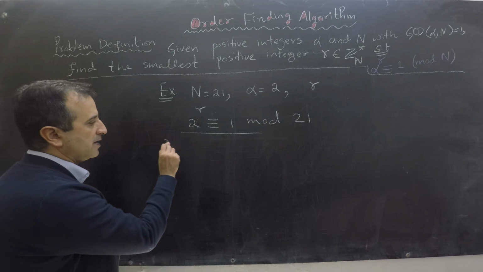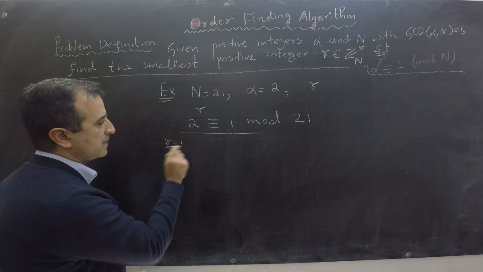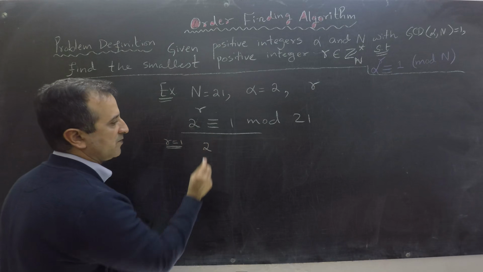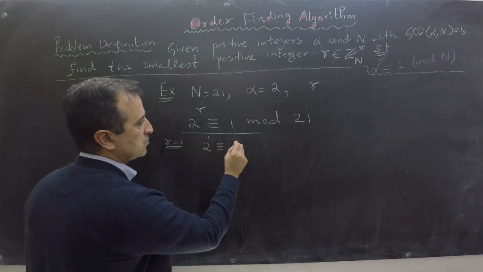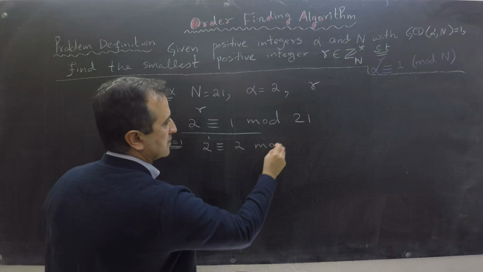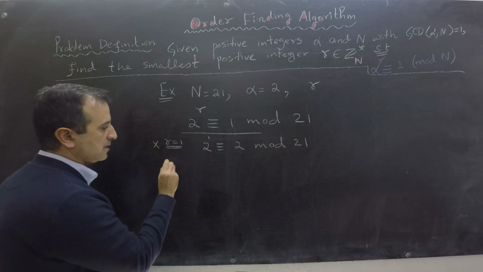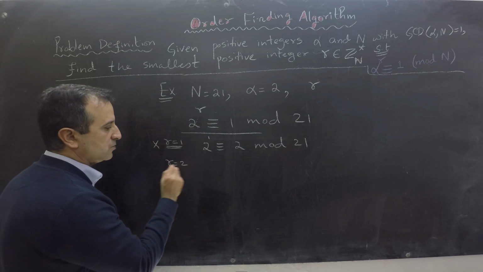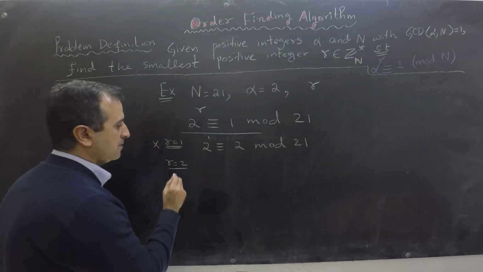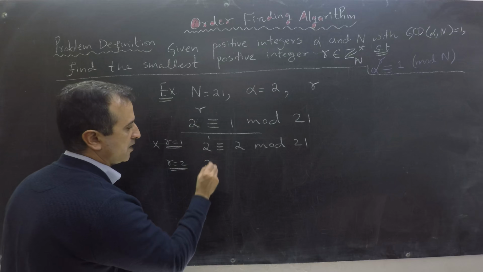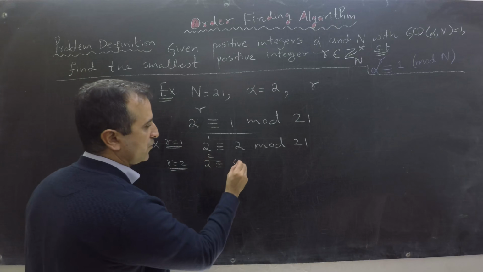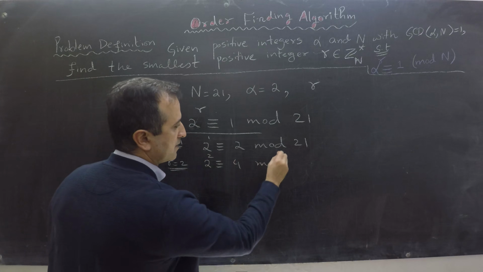So let's try r equal to 1. My equation will become 2 raised to power 1, which is equal to 2 in mod 21. So that is not my order. Now I try r equal to 2. 2 raised to power 2 is congruent to 4 in mod 21.